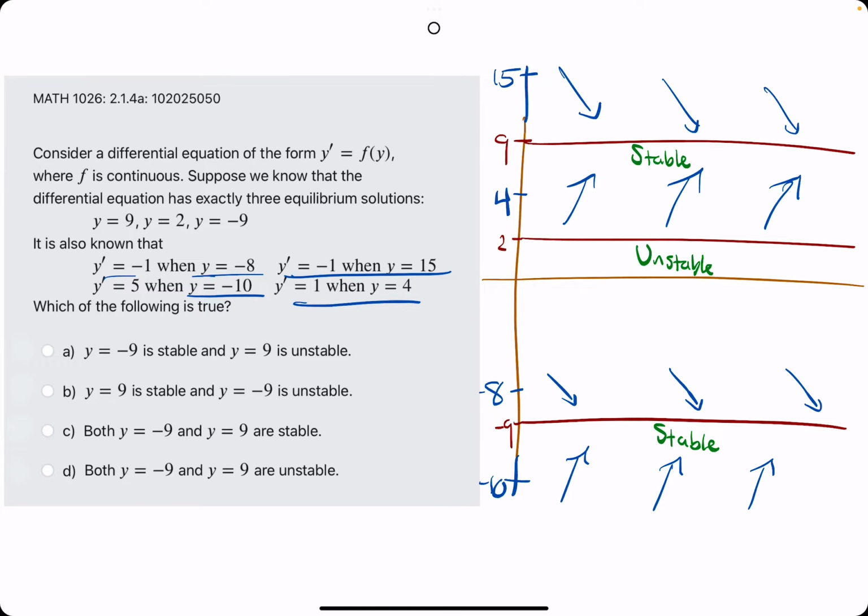So let's see, so 9 is stable. So we have -9 is stable, 9 is unstable. That's false. 9 is stable. Good. And negative 9 unstable. Nope. Both negative 9 and 9 are stable. Yeah, that looks good. Break out the eraser to see that C is our answer.